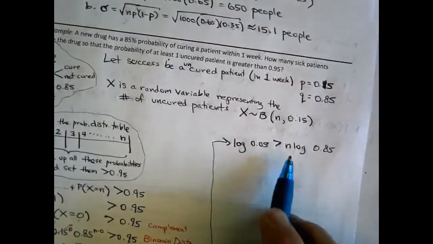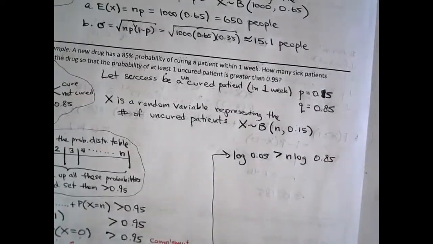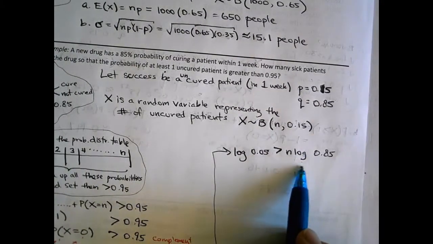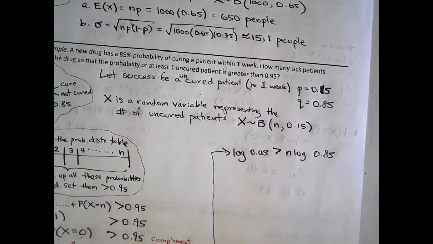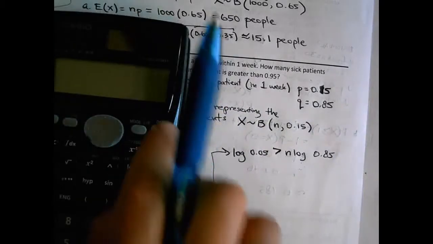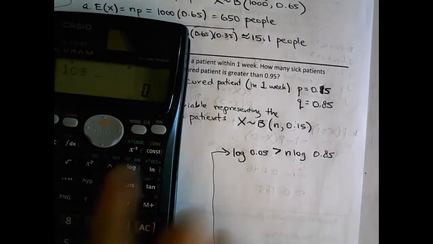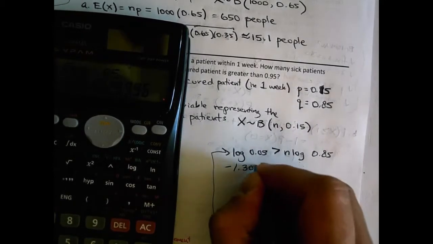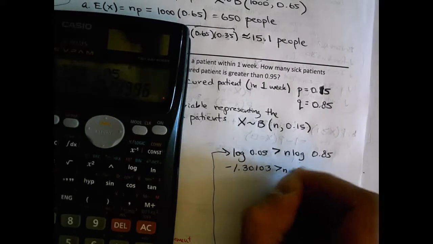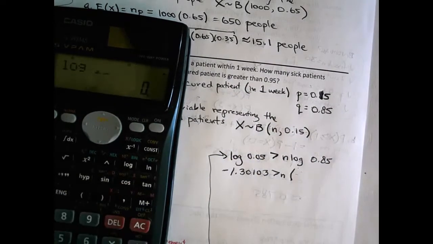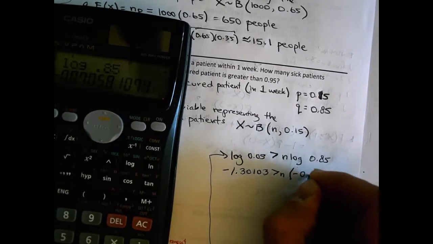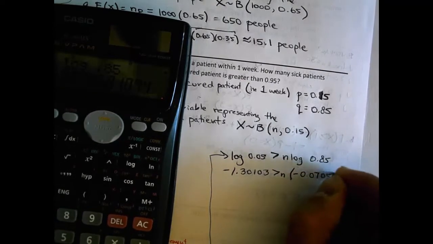Now all you have to do is get n by itself. But this is where you have to be careful. Log of a decimal is always negative. So what I would actually recommend doing is convert these into numbers first before you start messing around with your inequality. Log 0.05 is negative 1.30103, and log 0.85 is negative 0.07058.